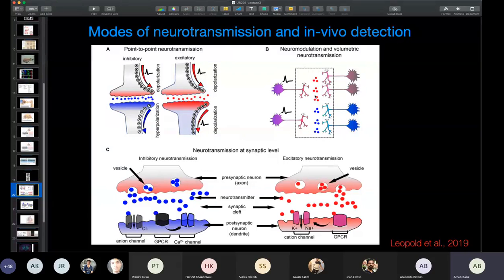But in real life, you basically have both at the synapse at the same time, neurotransmission and neuromodulation happening. Neuromodulation mainly happens through GPCRs, neurotransmission mainly happens through channels and receptors. And these neuromodulatory GPCR receptors are activating the channels and the neurotransmitter receptors. So altogether, the neuromodulators are modulating the neurotransmitter receptors.